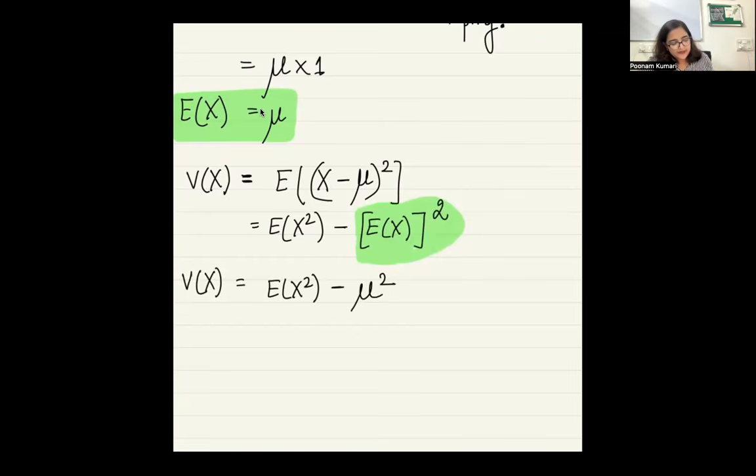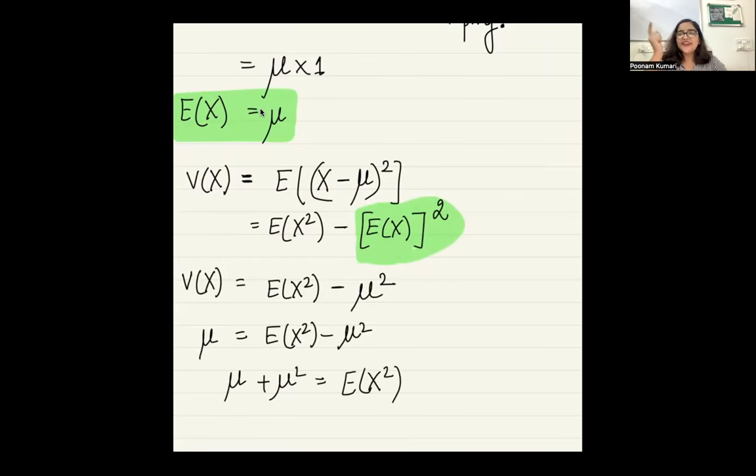So what should be the expected value of x square? It should somehow come out to be mu plus mu square. Yes or no? So your goal in life is to figure out how we prove that expected value of x square is mu plus mu squared, right? That is what we have to do.